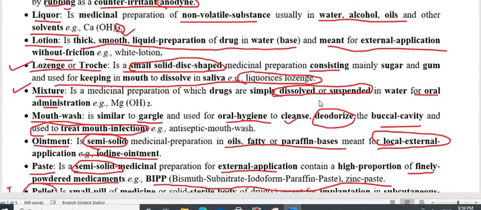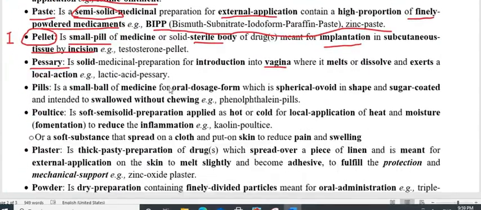Whereas in case of the pessary, it is a solid medicinal preparation that is used to remove infection of the vagina by inserting it there. It may be to remove infection, or for other purposes, but it is in solid form, and it melts at the temperature of the female genitalia and exerts local action. So this is very, very important, and quite similar to the terminology of irrigation.